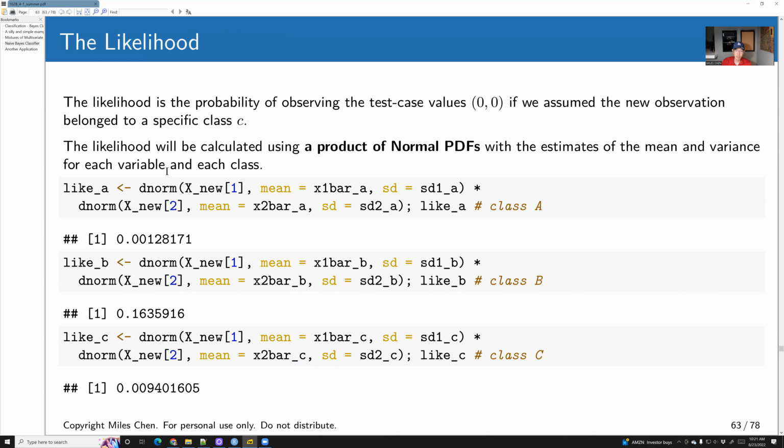So instead of doing multivariate normal, I'm going to just take our new observation, look at the first value, and use dnorm. dnorm is your regular old normal density.